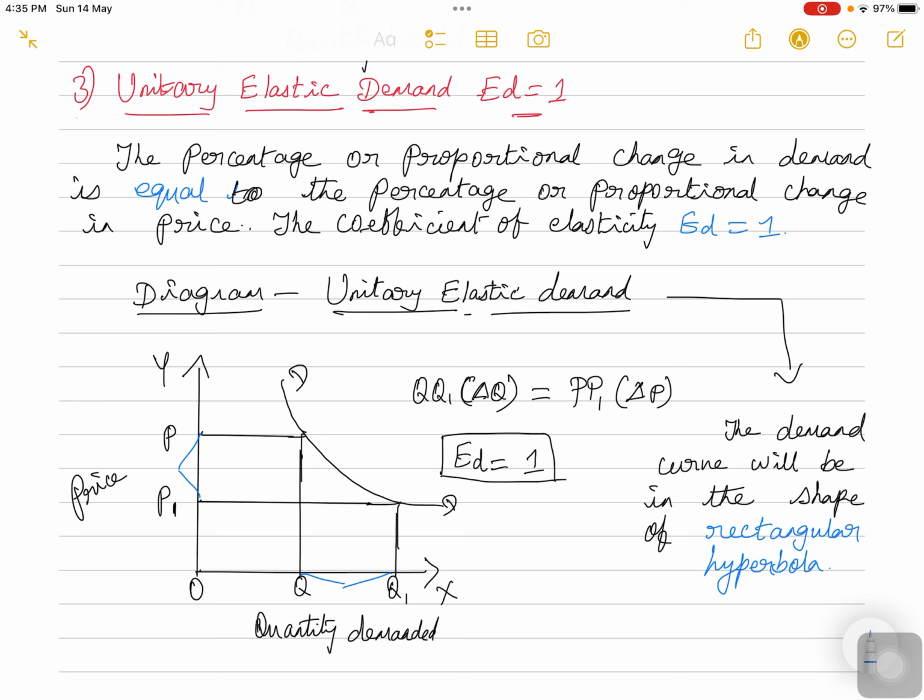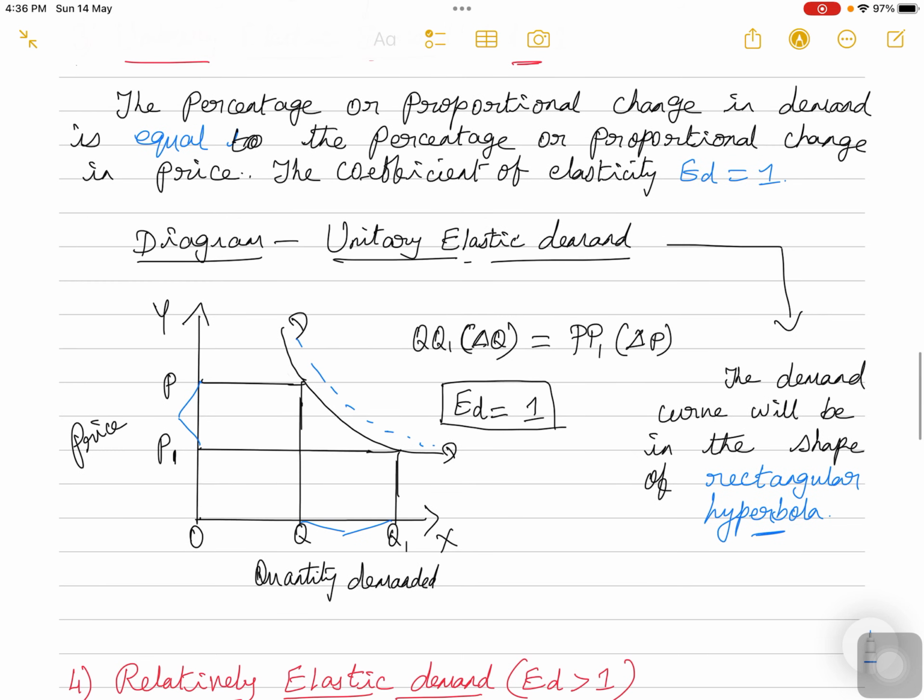Then the elasticity of demand ED is equal to 1, and the shape of the demand curve will be a rectangular hyperbola. This is the shape of the demand curve. Okay, this is the unitary elastic demand, the middle one.